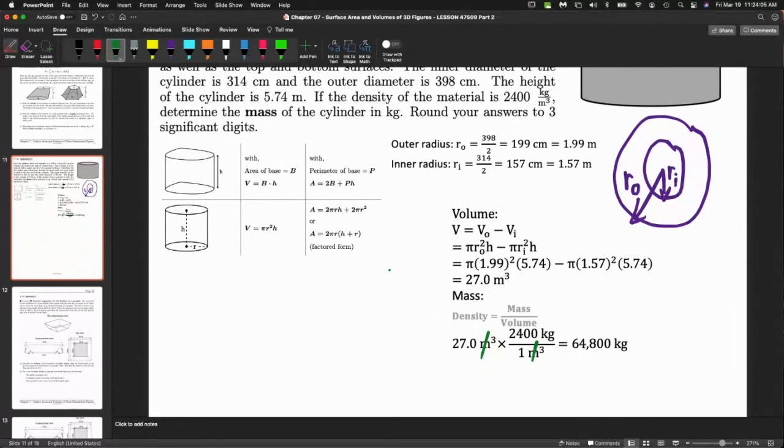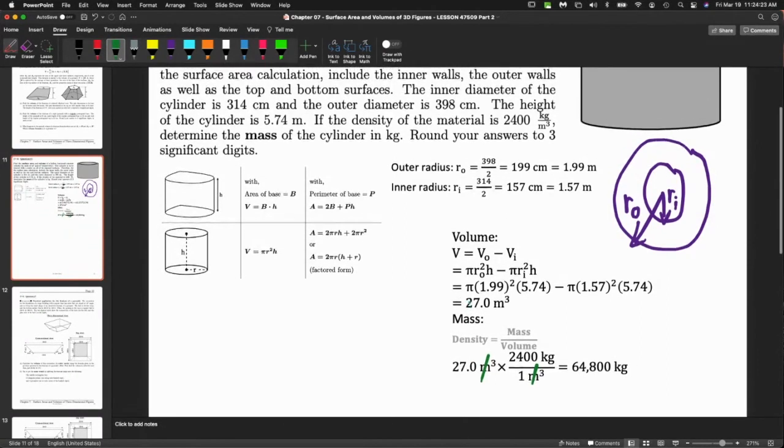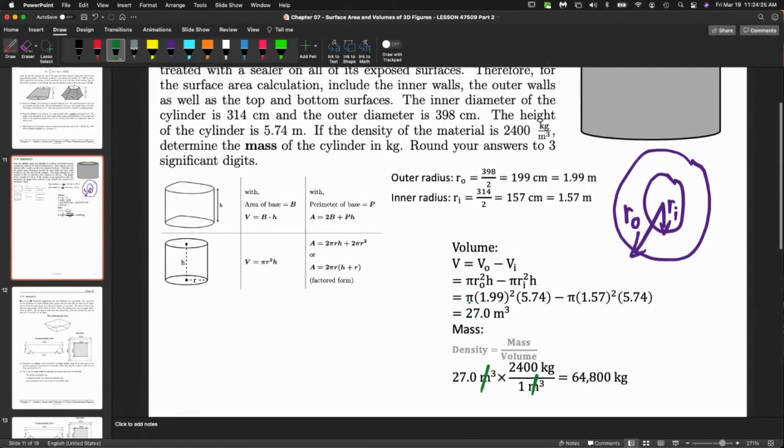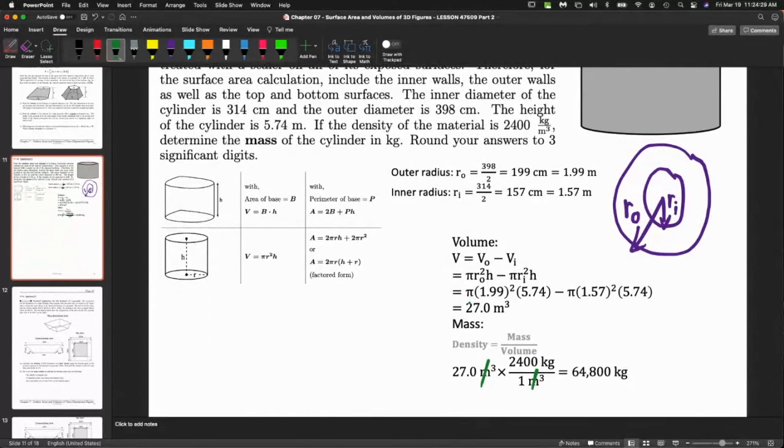I might just show you what I did for the surface area on Blackboard, on a posted solution, because it's going to take up a lot of time. So let's just see here. The inner walls and the outer walls are both treated as well as the top and the bottom.